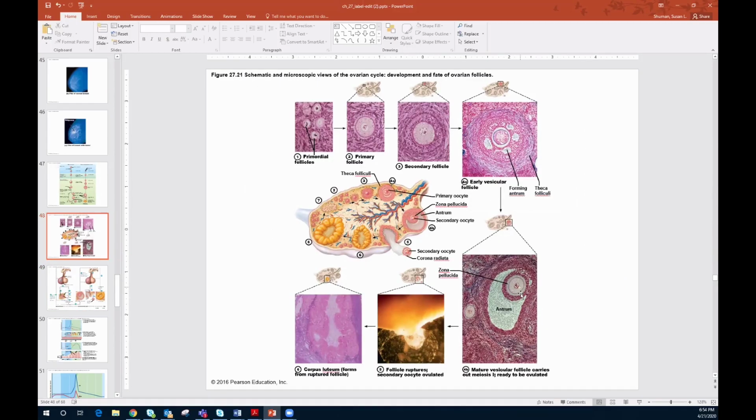If I want to fertilize this oocyte that gets released, I don't want to be the first one because I'm going to waste my blasting cap on this corona radiata. And I don't want to be second either because I'm going to waste it on the next layer and the next. I don't want to be here where I'm going to hit the zona pellucida.